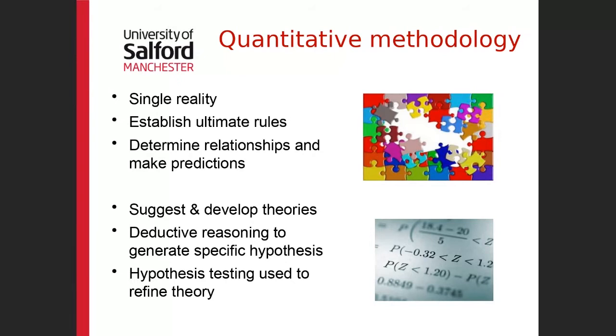With the quantitative approach, what the researcher is aiming to do is establish a single reality and essentially create or discover the rules which determine that reality. And we're trying to do that ultimately so that we can make predictions about particular aspects of health or disease or some aspect of society or social policy.